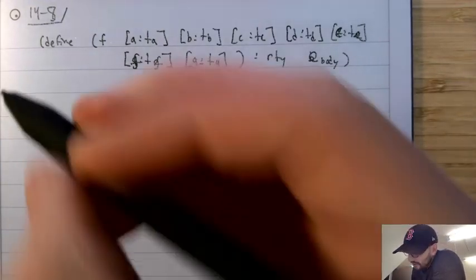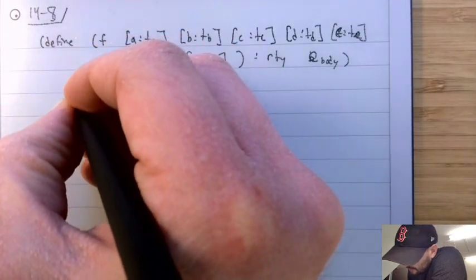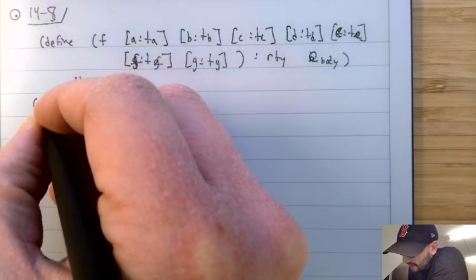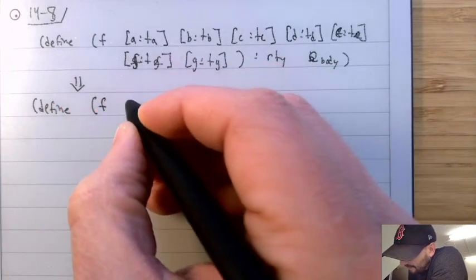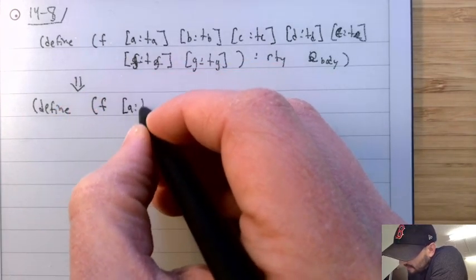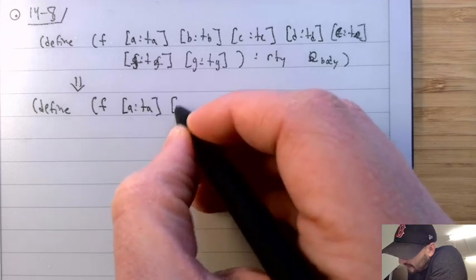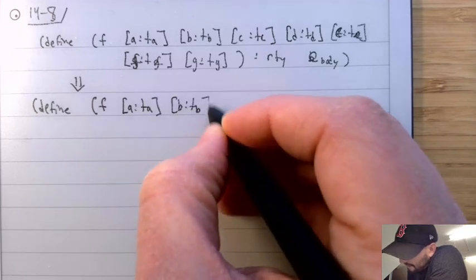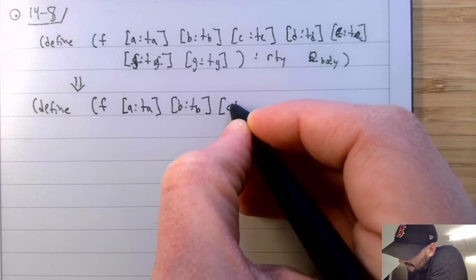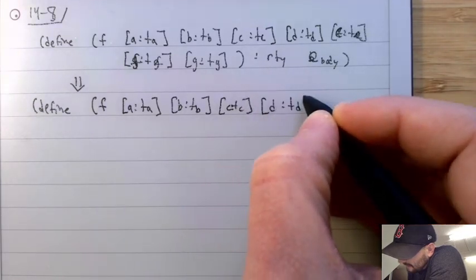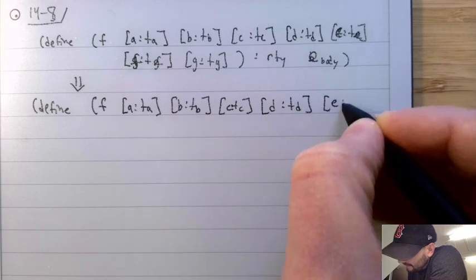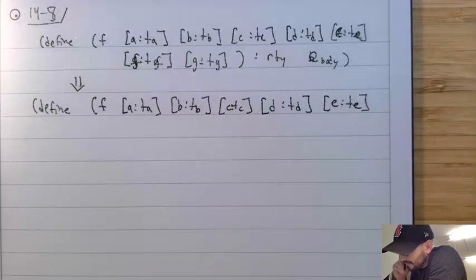And what you're going to do is you're going to transform this into the following. It's going to be a new definition. It's going to have the same function name. The first 5 arguments are all the same. So A, B, C, D, and E. Okay, so the first 5 arguments are all the same.